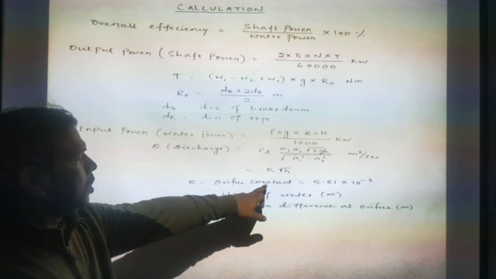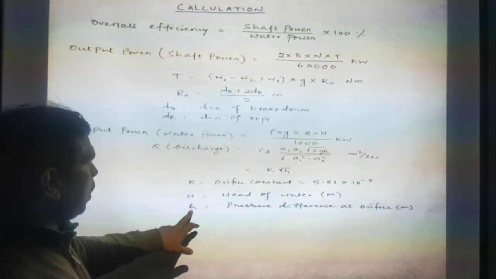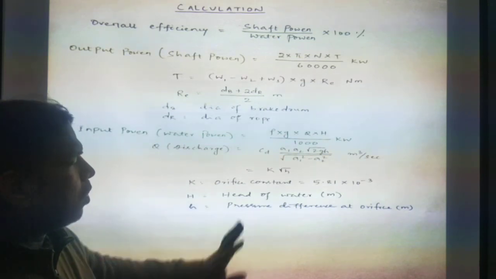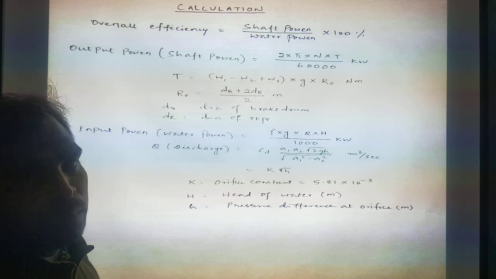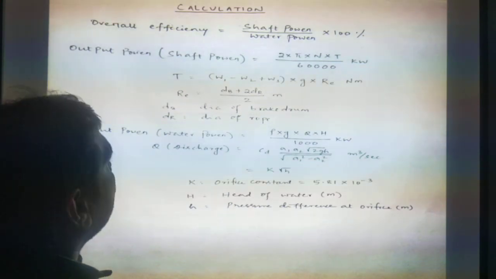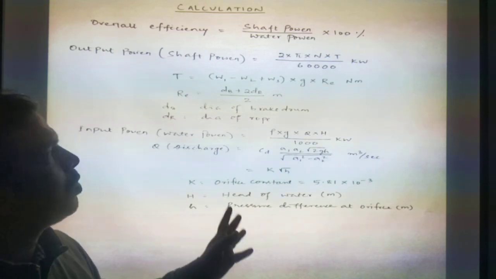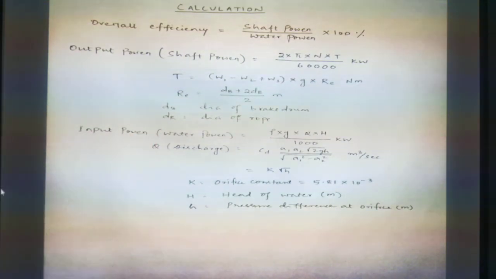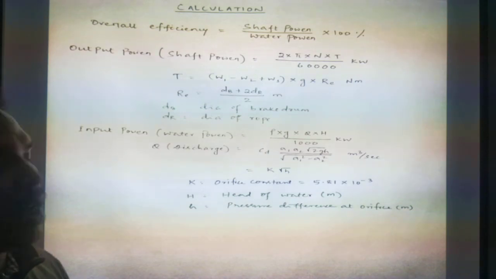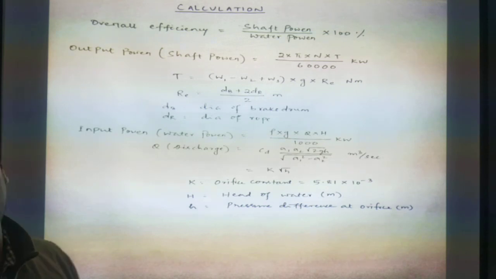Next, K is your orifice meter constant, and H equal to the head of water in meter, and H equal to the pressure difference at the orifice. This is in meter. Now we shall go to the machine setup and take the readings of the different pressure gauges, RPM and loads, and then we put those in this formula, and we find the efficiency of the Francis turbine for different readings, for different loads and different RPM.